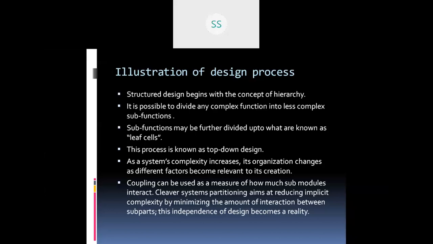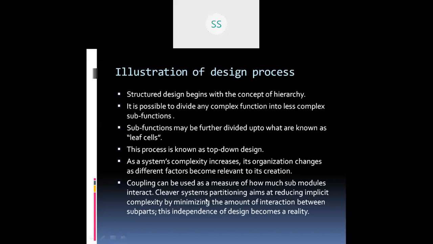Now, whenever we are using many submodules, coupling may be required in order to check how the submodules are interacting. It is not only that you divide the complex function into many subdivisions, but some coupling or interaction should also be checked.